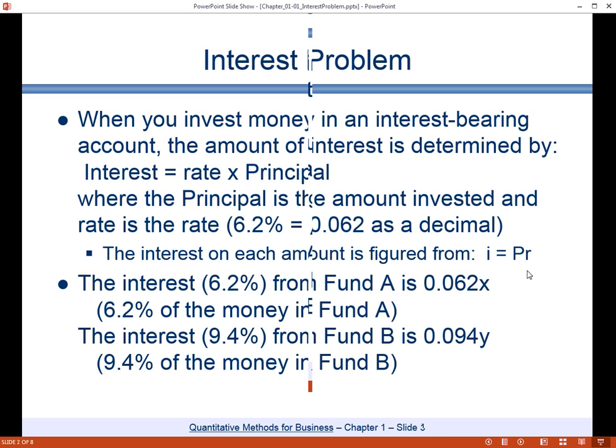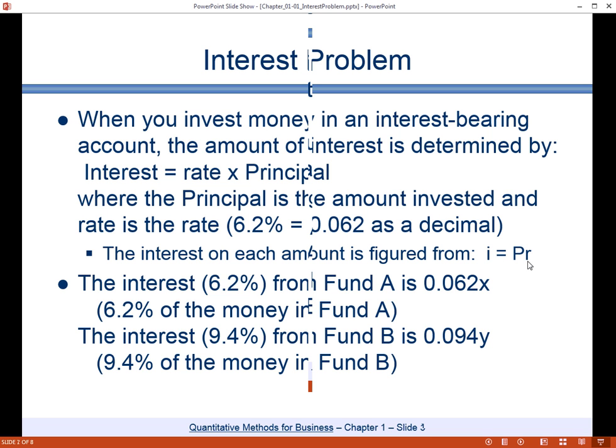equal to. Now, when you invest money in an interest-bearing account like a mutual fund, the amount of interest is determined by the interest rate times the principal. Okay, so the principal is the amount you have invested, and the interest rate is the rate converted to a decimal. So 6.2% interest rate is 0.062, and the amount of interest on each amount is figured from that.